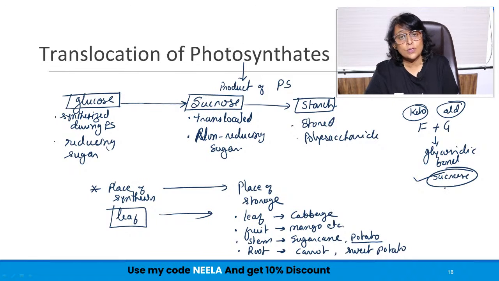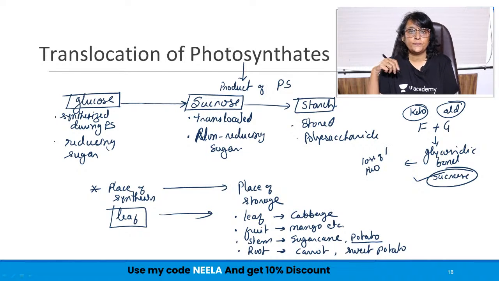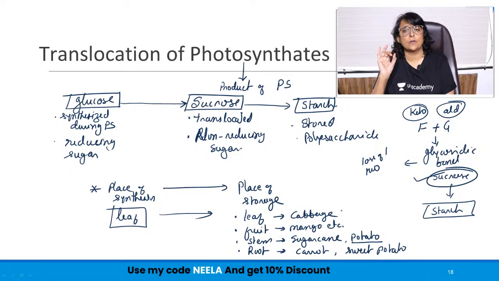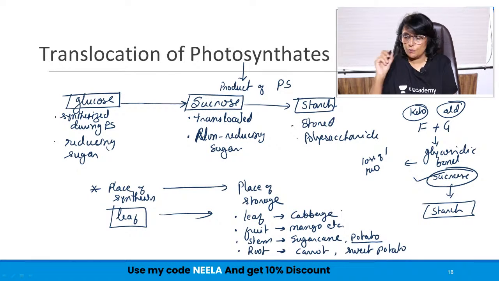And this sucrose synthesis by formation of glycosidic bond is by dehydration, that is, there is loss of one water molecule. That means 2 atoms of hydrogen and 1 atom of oxygen less. And when sucrose is converted into starch, say there are 1000 sucrose molecules or glucose molecules for that matter.